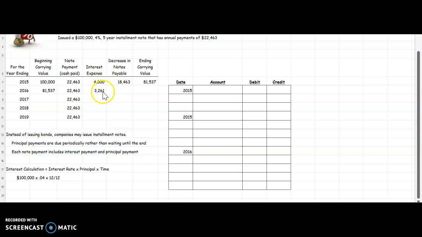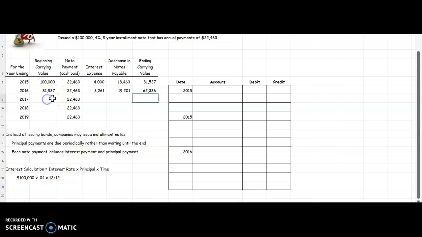And this number should be going down each time because my principal is going down. So therefore the interest I'm paying on the principal will go down, which leaves more to go to my decrease in my notes payable. So we're paying this down. My ending carrying value will be my beginning minus my decrease in notes payable.